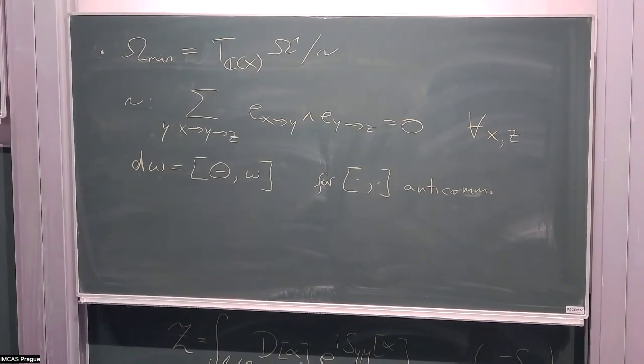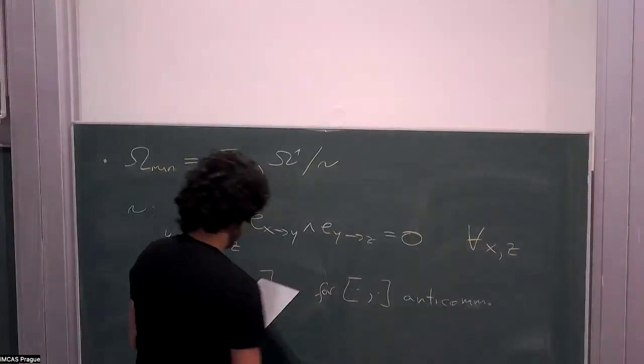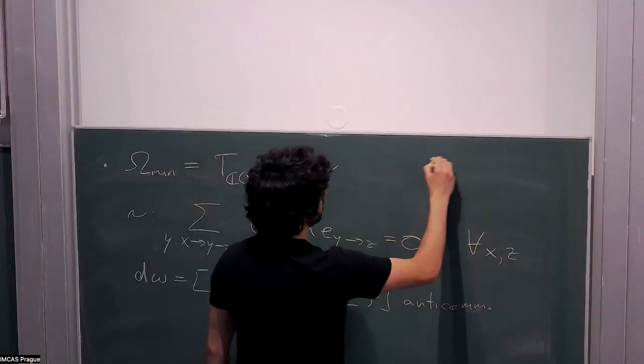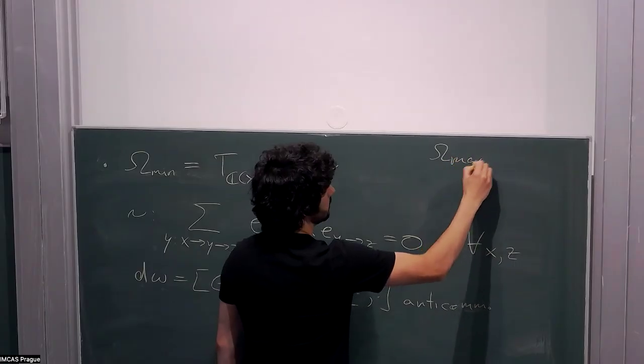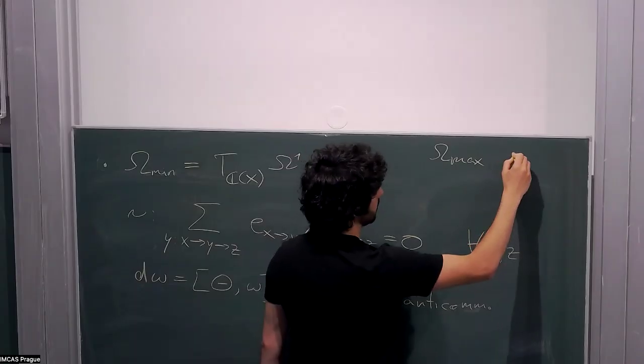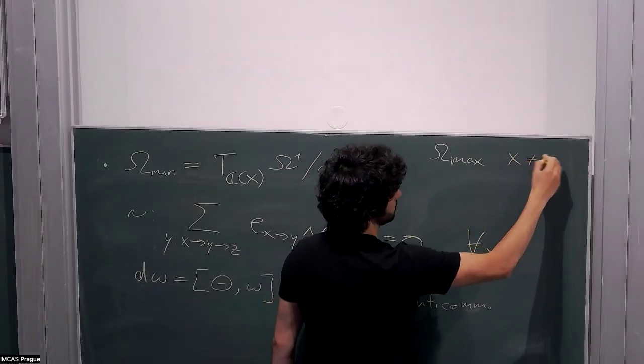Right. This is minimal because you have the maximal set of relations. For the maximal, you take all of this for all x not equal to z.